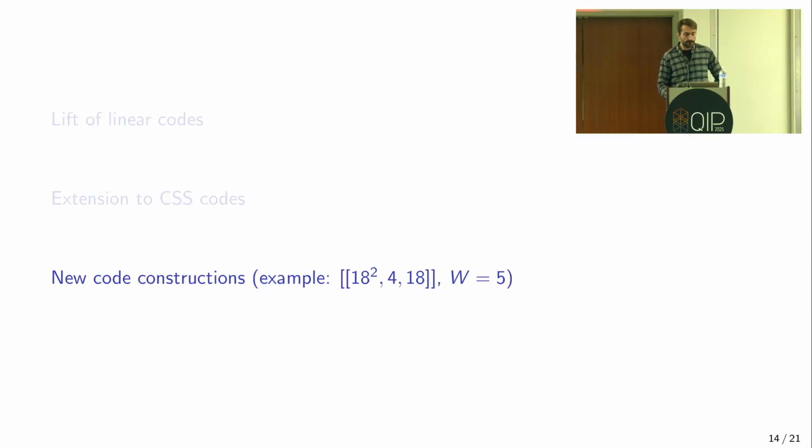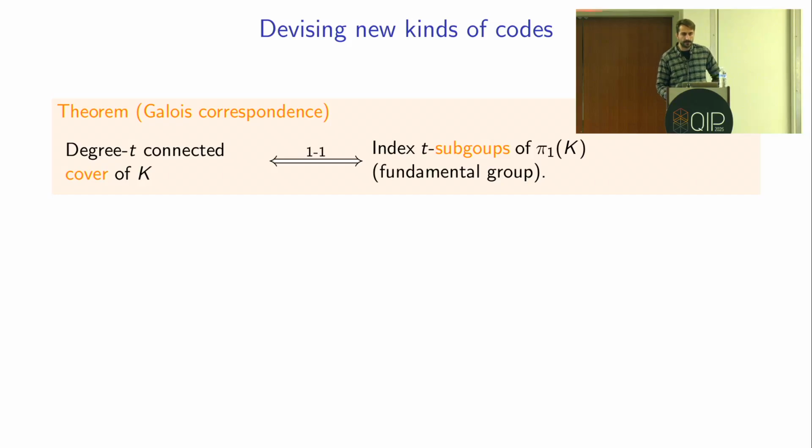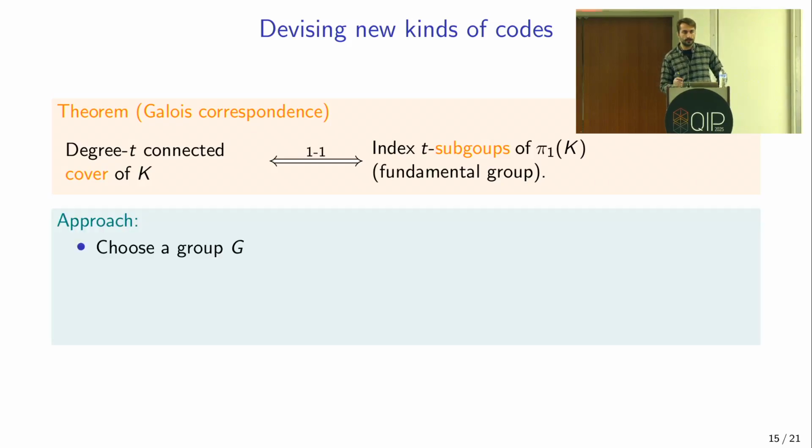And okay, for the main contribution now, I will tell you about some new code constructions. And for this, our approach will be the following. We will rely on this Galois correspondence, which I recall tells you that the degree T connected covers of a space are in one-to-one correspondence with the index T subgroups of the fundamental group of this space. And our approach is the following. We will start by choosing a certain group, G, that we like because it has many subgroups.